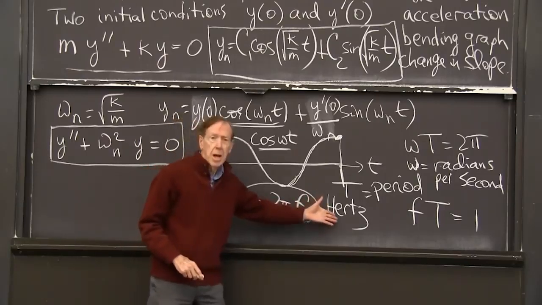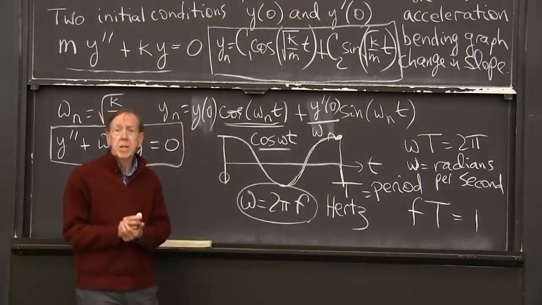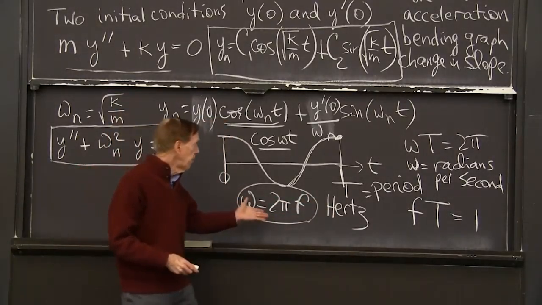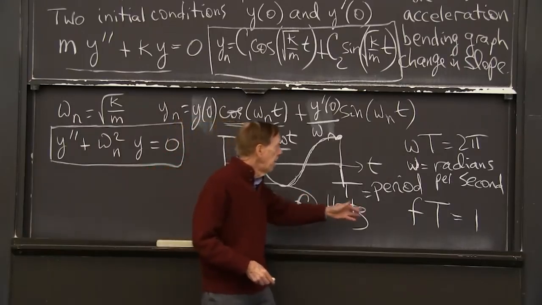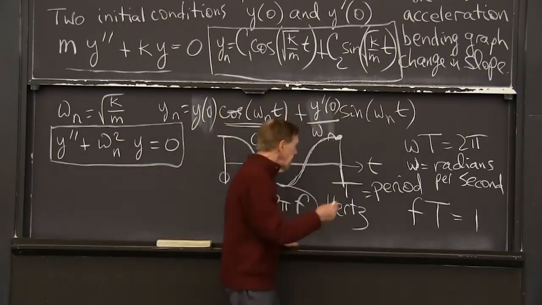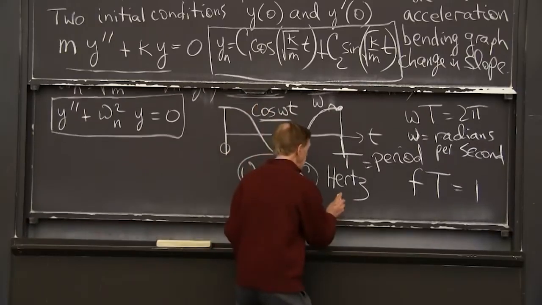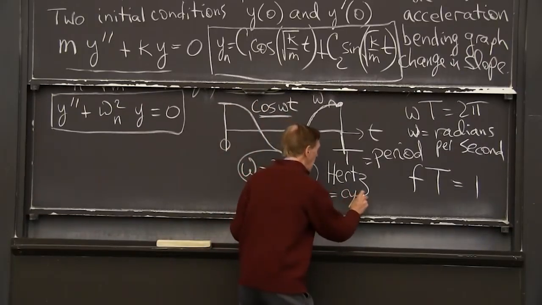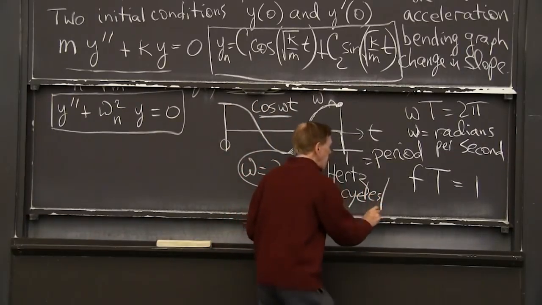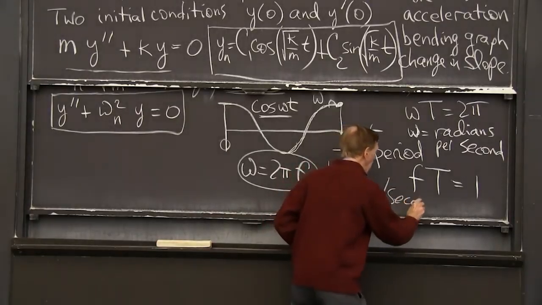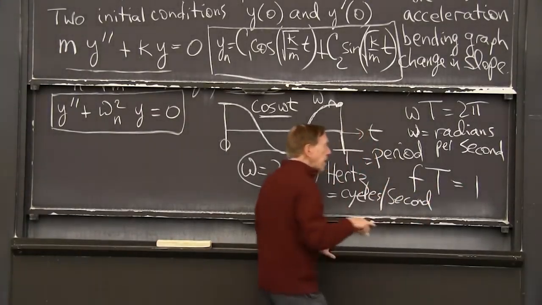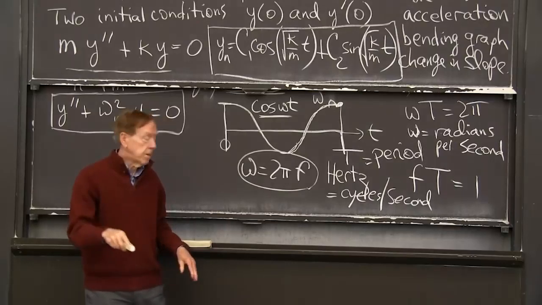So when we say we're getting 60 cycles, that's what I would measure f in. f would be in cycles per second. One cycle, 2 pi radians.